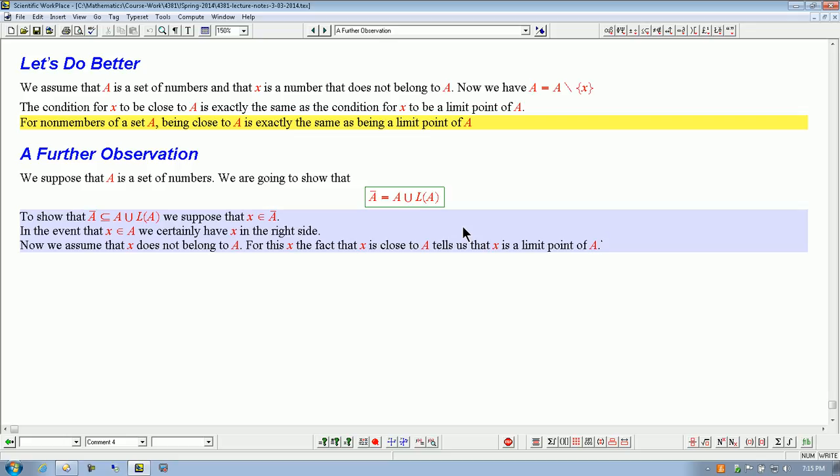When a number doesn't belong, everything is good. All a number has to do is be close to the set. If the number doesn't belong to the set, then being close is the same as being a limit point.